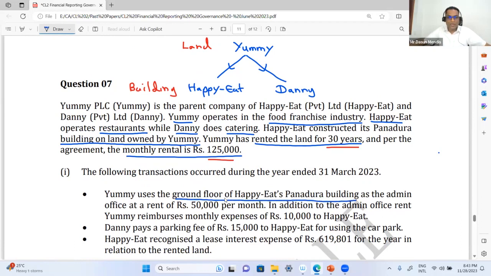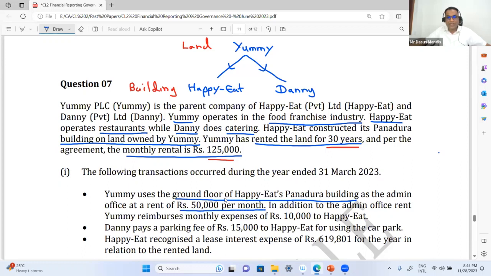The land belongs to the parent company. The building is constructed by Happy Eat, but the ground floor of this building is used by the parent company. Yummo uses the ground floor of Happy Eat's Panadura building as the admin office at a rent of how much?